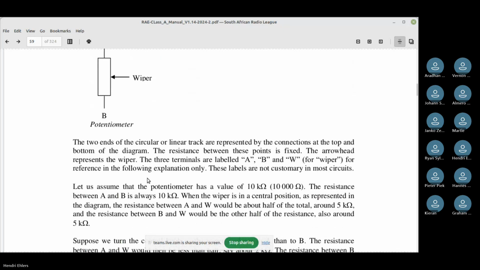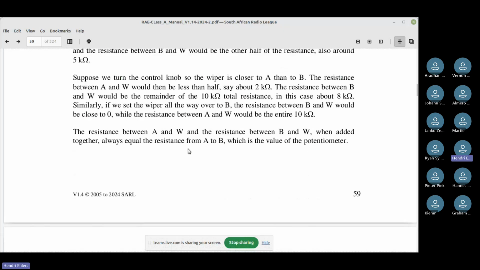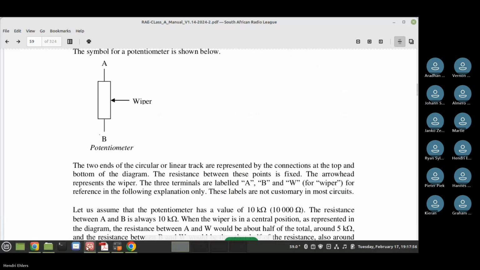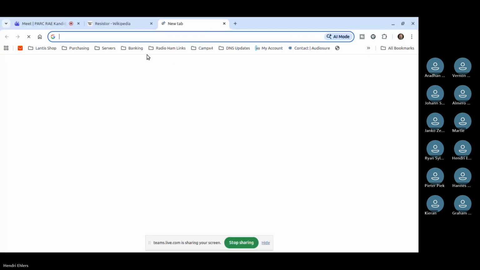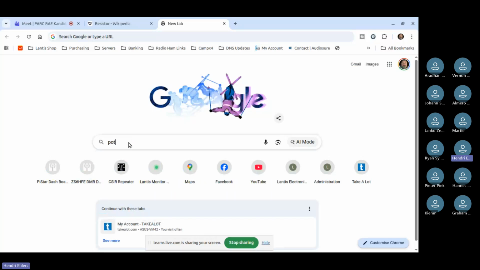Right. And they happen to use all the values that I use, so it makes it a lot easier. Do they have a picture of a potentiometer? No, they don't. So then we just go and look for one. Sorry, guys, I just want to show you what the thing looks like.